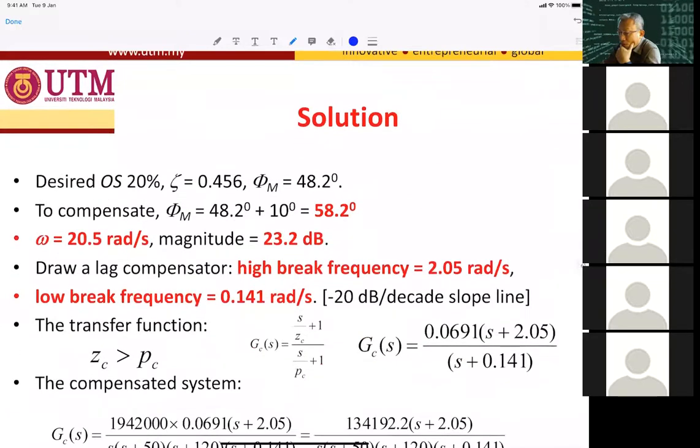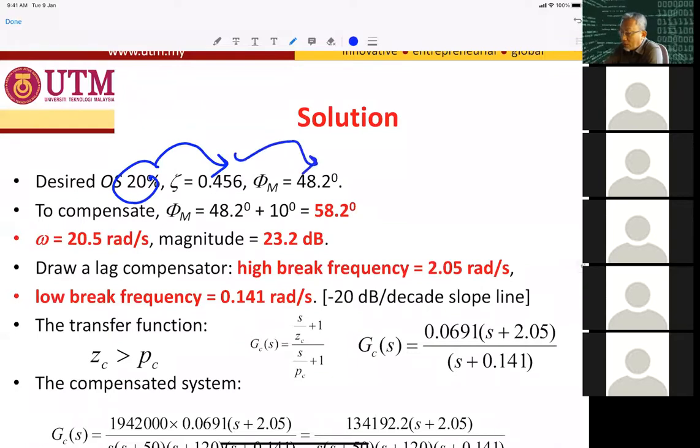So we have to design the lag compensator where the desired overshoot is 20%, which gives you the 48.2 degrees phase margin.